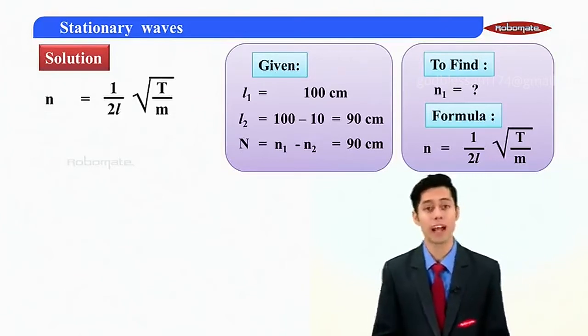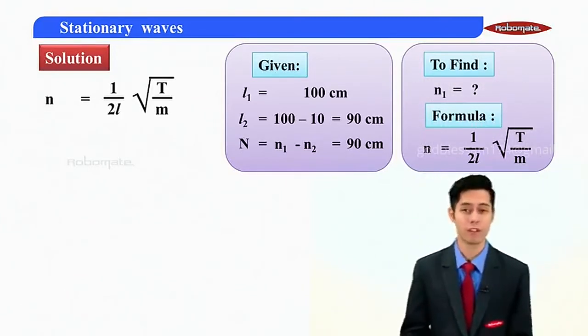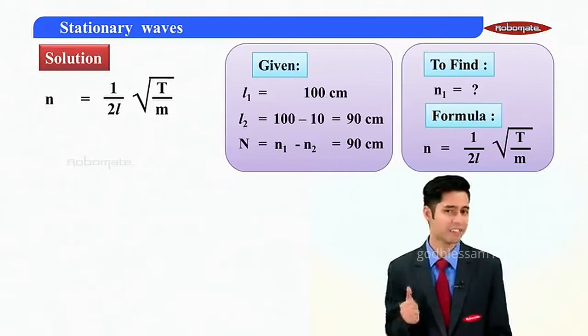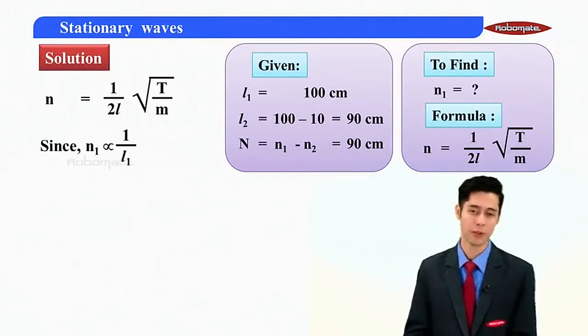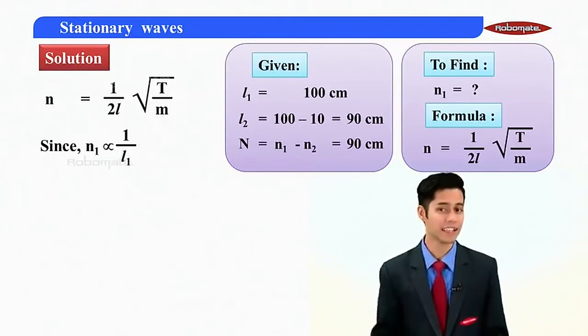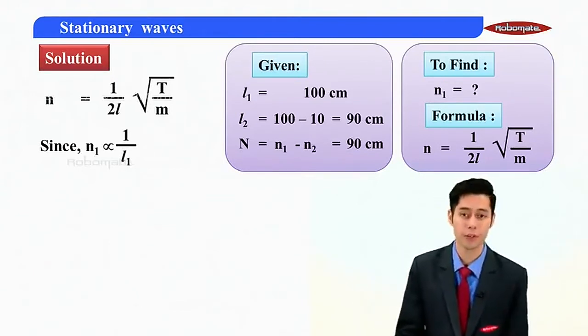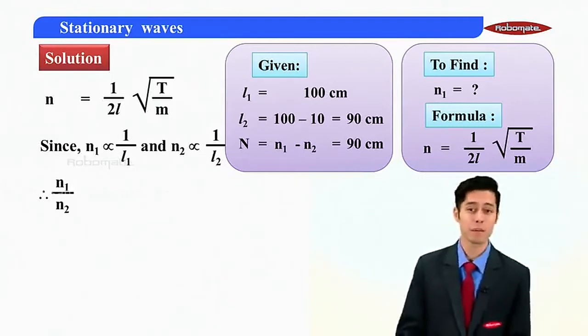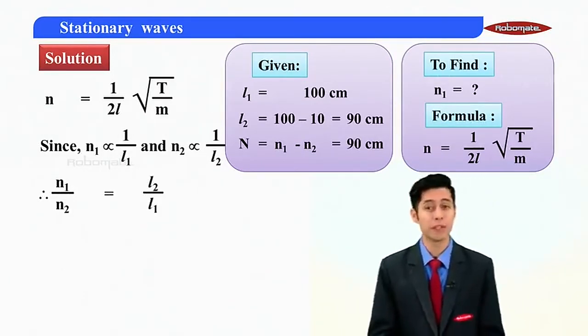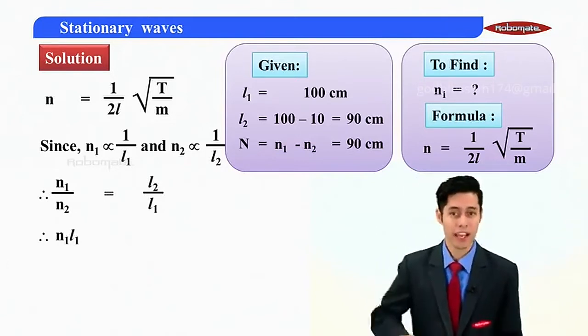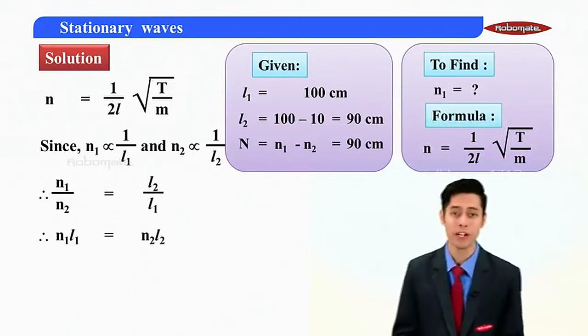From this relation, we go ahead to the solution. In solution, we know that N is 1 upon 2L under root of T by M. And by this, I can say if T and M are constant, N is inversely proportional to L. So can I say for the first case, N1 is inversely proportional to L1 and N2 is inversely proportional to L2. Overall, I can say N1 by N2 is equal to L2 by L1. So N1 L1 is equal to N2 L2.